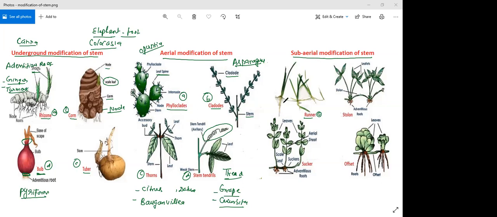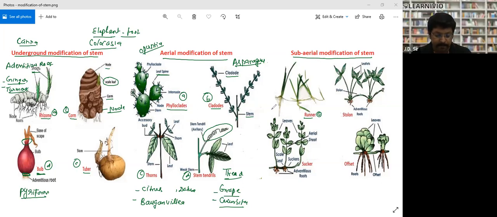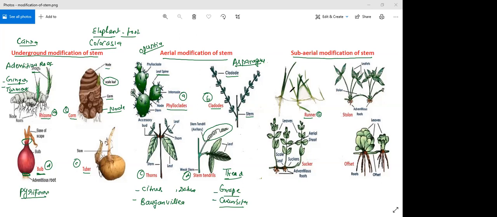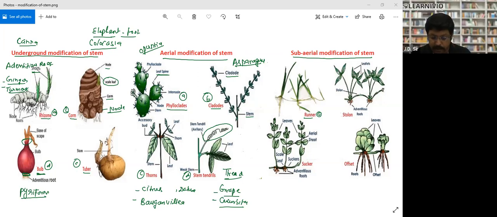They are narrow, green, above the ground, horizontal stems. Full stop.